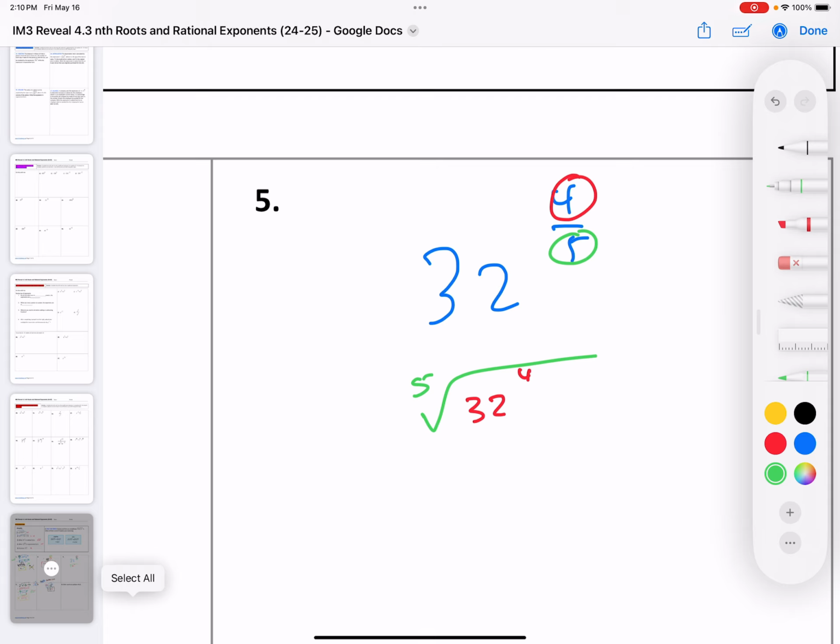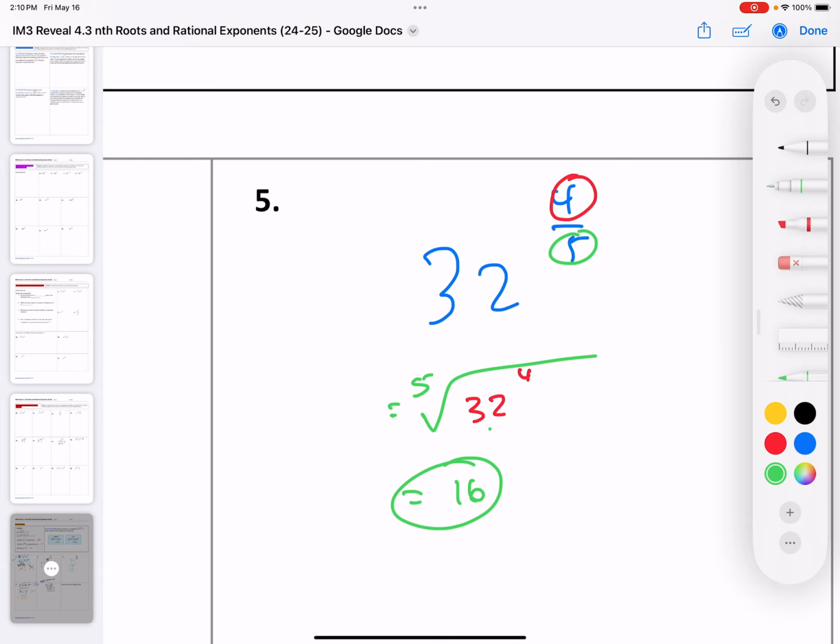Okay, in this calculator, you're going to do 32 to the 4th power first, only in this calculator. And then I'm going to take the root in the back. So it'll be second, y equals. Nothing happened to my screen, and then I'm going to do the 5 for the index. And that'll give me 16 as my answer. Remember, you can always work backwards to check your answer.